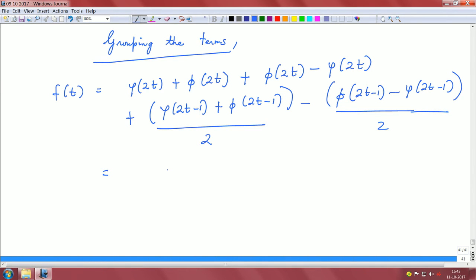Which is basically 2 times phi of 2t plus psi of 2t minus 1. Now, this belongs to W1 and this belongs to V1.